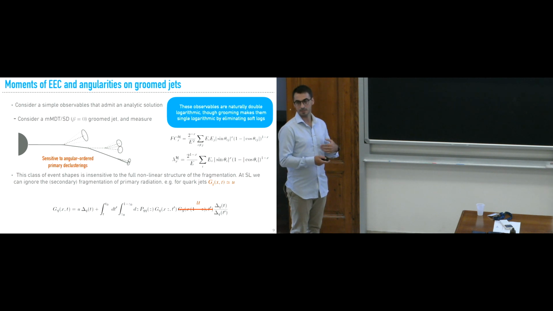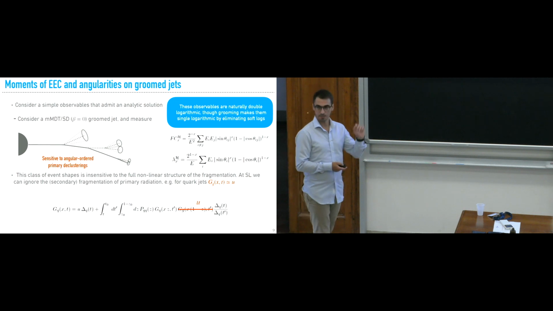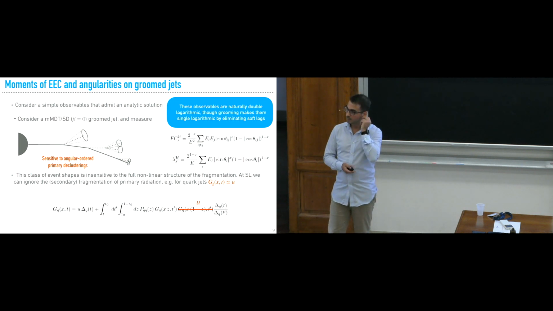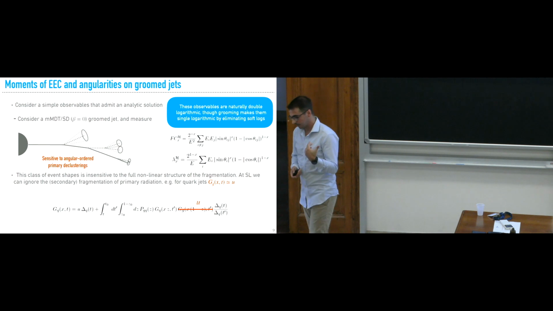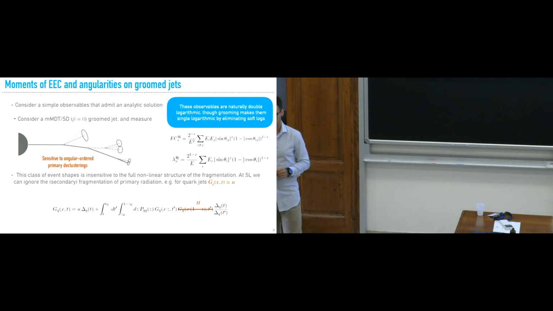So grooming is important to getting rid of wide angles. Yeah, exactly. Otherwise, it would be more complicated. So in principle, solving numerically those equations should, if things are done correctly, produce EEC at next to leading log. Thanks. It would be nice at some point to try to do these things.